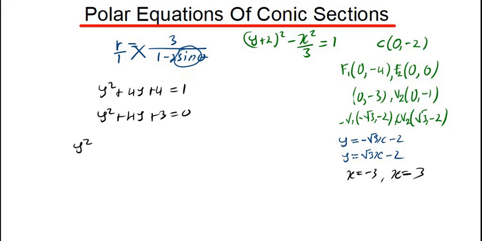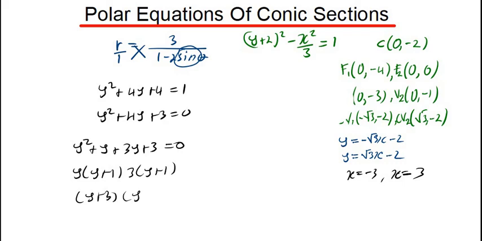When you factorize, that's going to be y squared plus y plus 3y plus 3 equals 0. Oh wait, we might really have something here perhaps. So that's going to be y times y plus 1, plus 3 times y plus 1, that's going to be y plus 3 and y plus 1, of which we are talking about having y equal to -3 and y equal to -1.